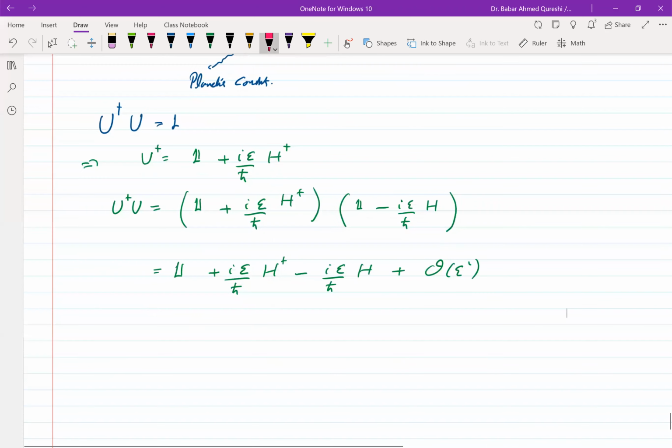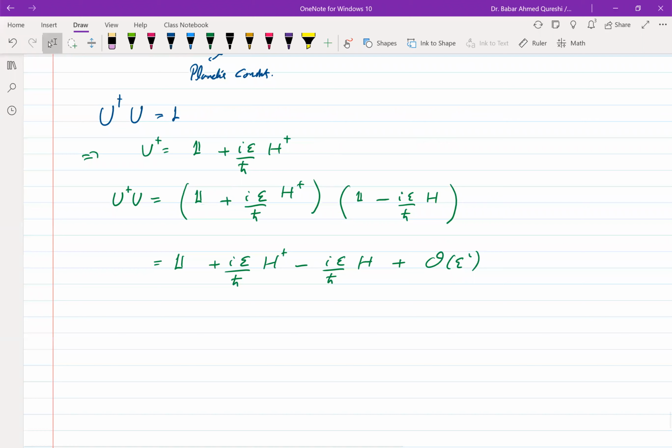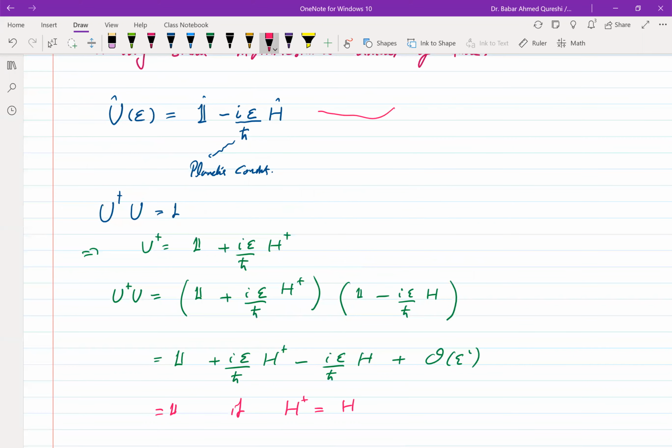I'm doing only infinitesimally close evolutions. So it will be equal to 1 if H dagger is equal to H. This implies that this H which I had put in to write infinitesimally close evolutions, this H is Hermitian.